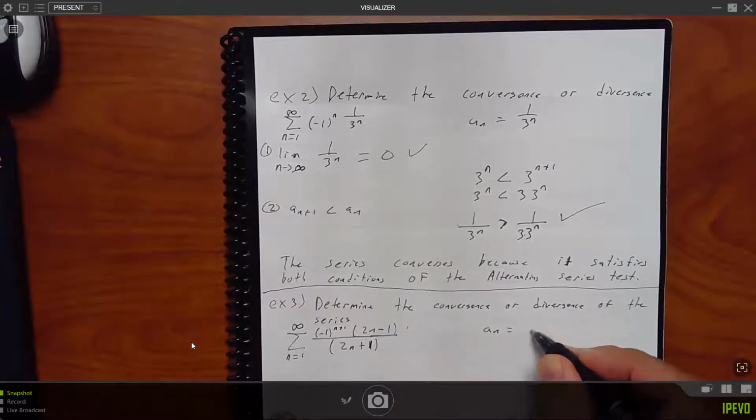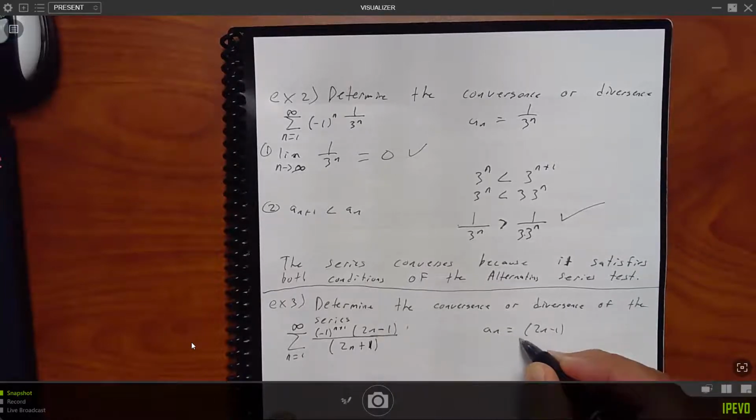So a sub n will be 2n minus 1 over 2n plus 1, right?